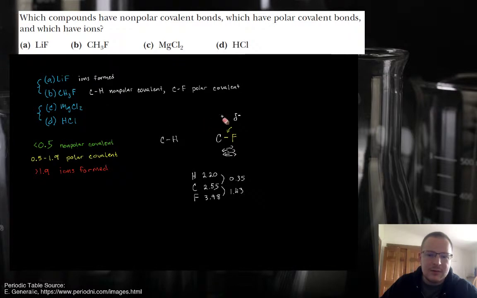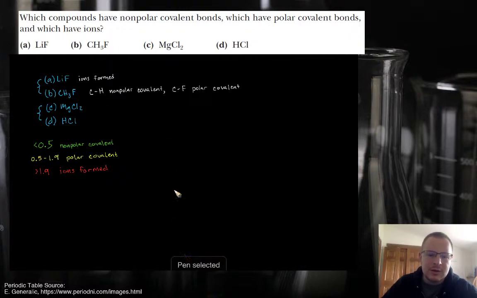So now the next two are going to go relatively quickly because we're just going to solve the problem and be done. So we look at the electronegativity of magnesium. We're going to need the electronegativity of magnesium, chlorine, and also hydrogen, which we found was 2.20.